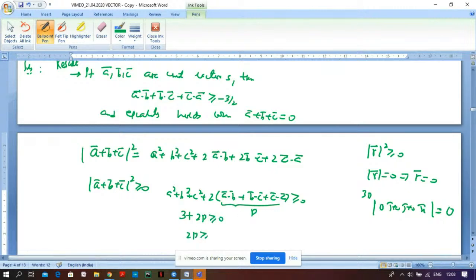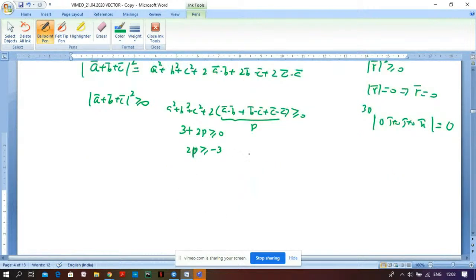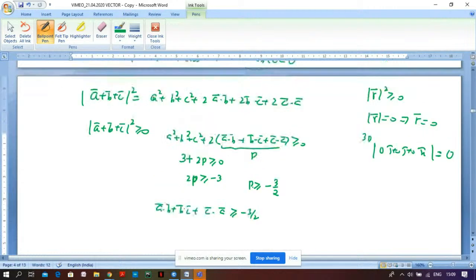That gives 2p greater than or equal to negative 3. I can multiply by 1 over 2 on both sides; the sign will not change as 1 by 2 is positive. So p is greater than or equal to negative 3 over 2. So you got A dot B plus B dot C plus C dot A greater than or equal to negative 3 over 2.